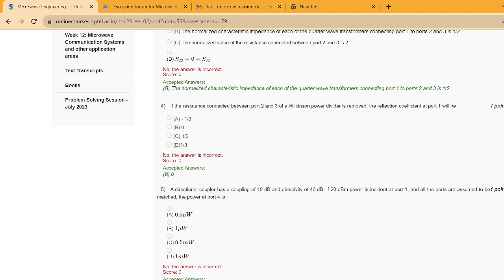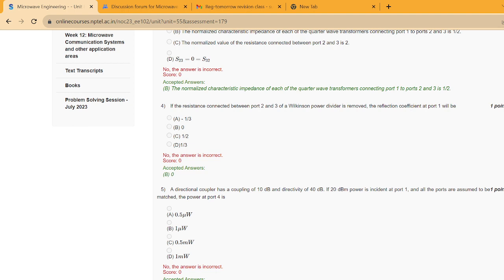Now, second thing, what is the purpose of this resistor connected between port 2 and port 3? This will act as an isolation between port 2 and port 3. Because 2Z0 is connected, we get S23, S32 equal to 0.